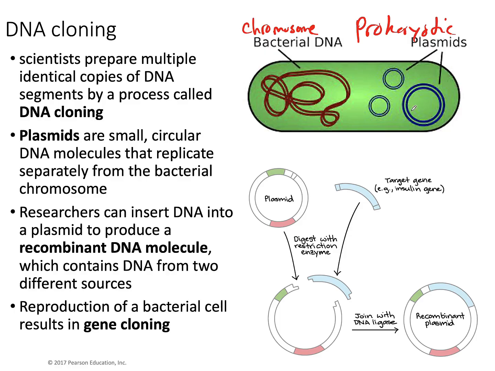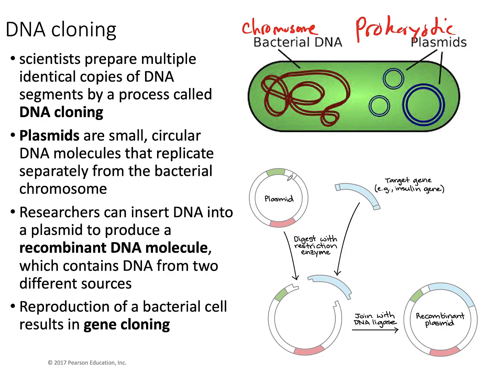So over here you can see this cell has 1, 2, 3 plasmids, and they're just teeny tiny circles of double-stranded DNA. A lot of times plasmids in bacteria are going to convey resistance to antibiotics, but plasmids have proven to be something that DNA researchers can work with.